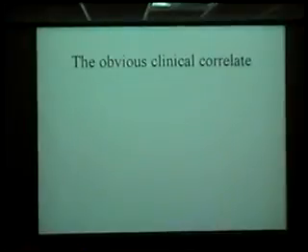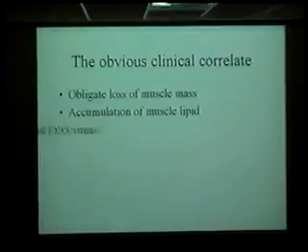So again, I still take care of patients, and the obvious clinical correlate here: where do you lose muscle mass obligatorily and gain fat? Well, you accumulate reactive oxygen species as well. It's when we age.